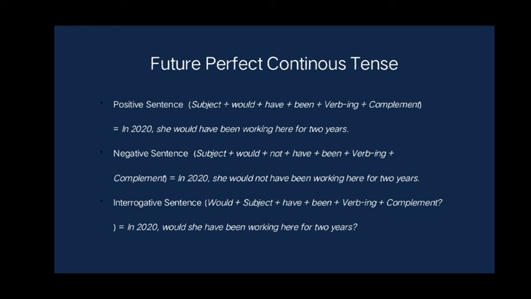This formula is used to show an action that will continue to occur in the future, and this tense emphasizes result. For a positive sentence, the formula is subject plus would plus have plus been plus verb-ing plus complement. For example, in 2020, she would have been working here for 2 years.